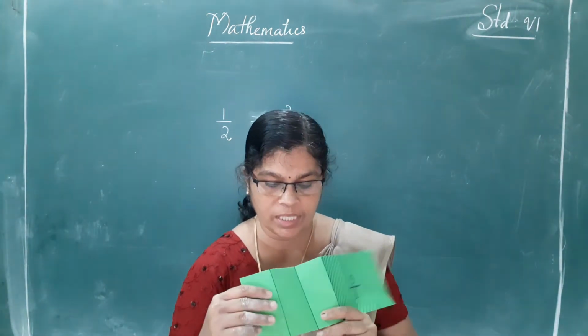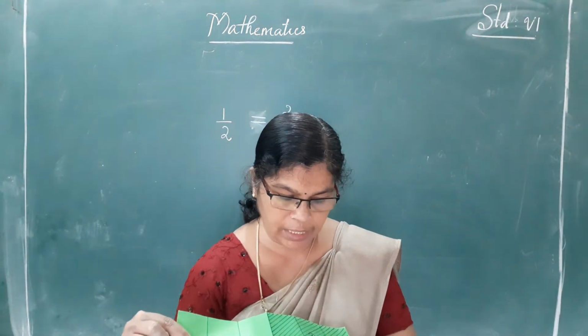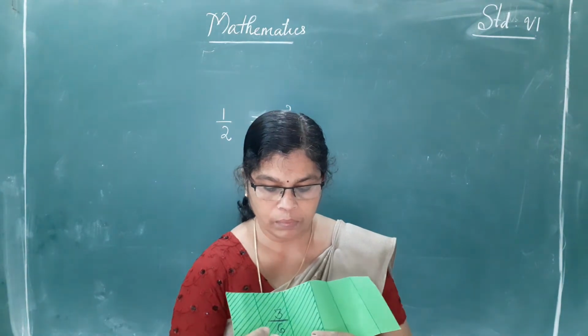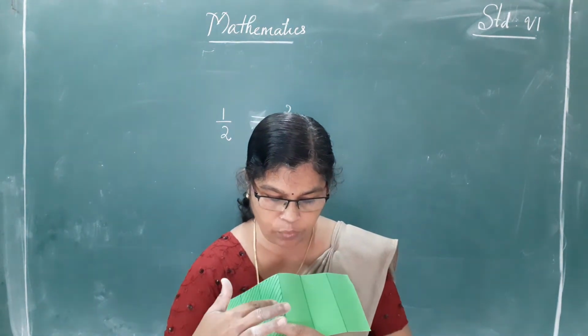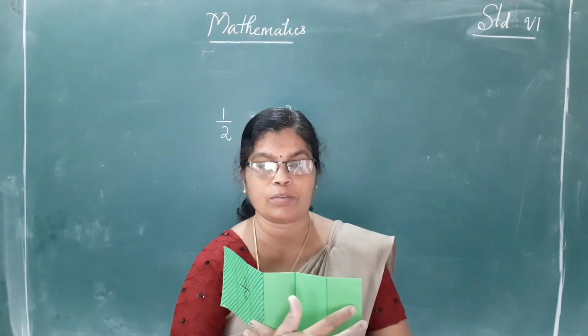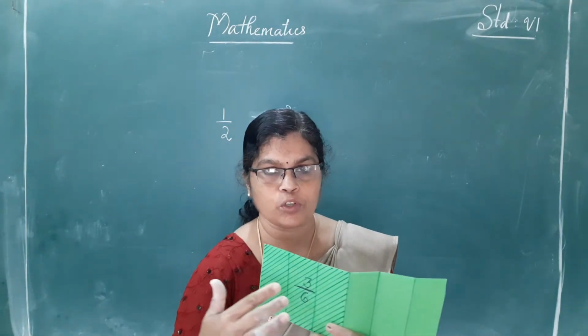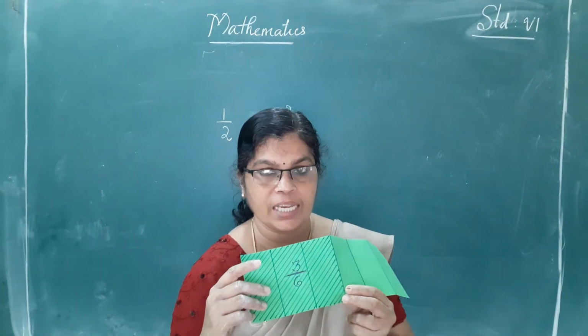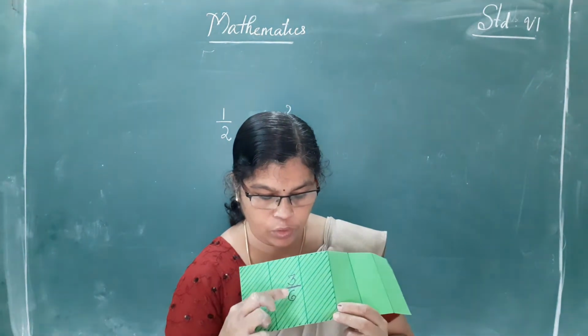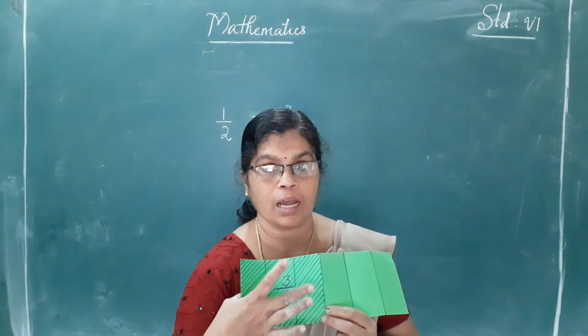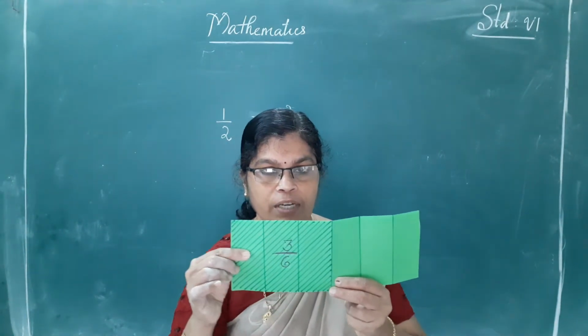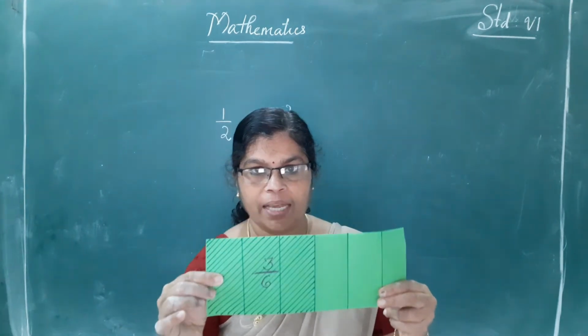So 6 parts are there. See, this is 1 by 6, 1 by 6, and so on; 6 portions are there. Now see how many parts I have shaded. 1, 2, 3 parts I have shaded. Out of 6, 3 parts I have shaded. This fraction is 3 by 6.